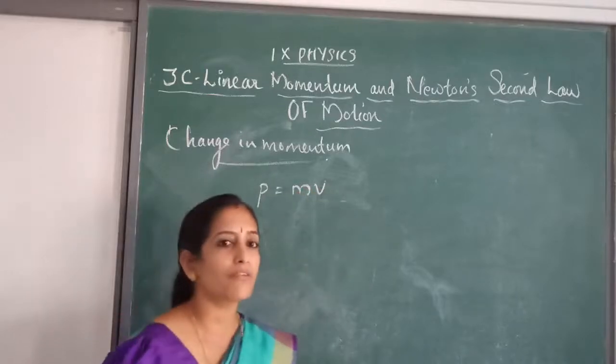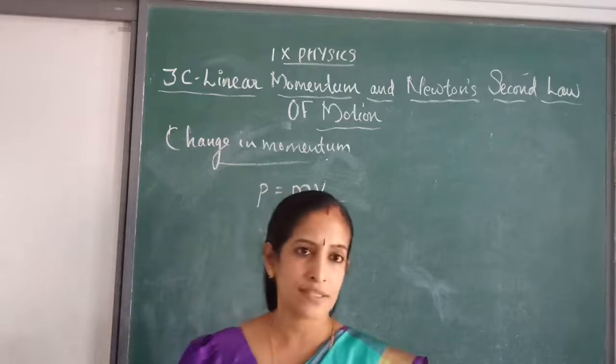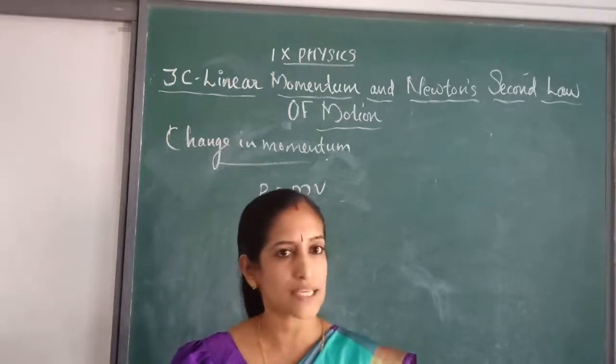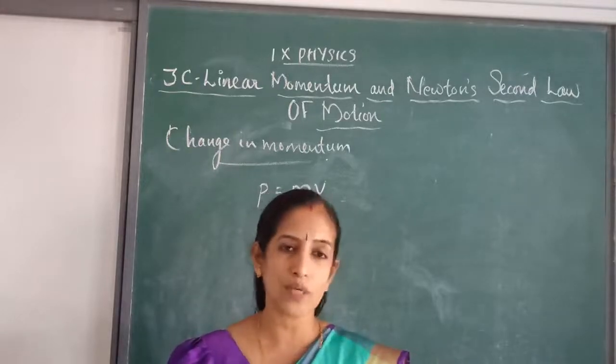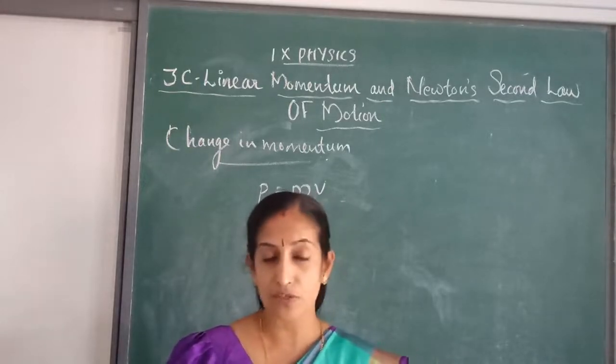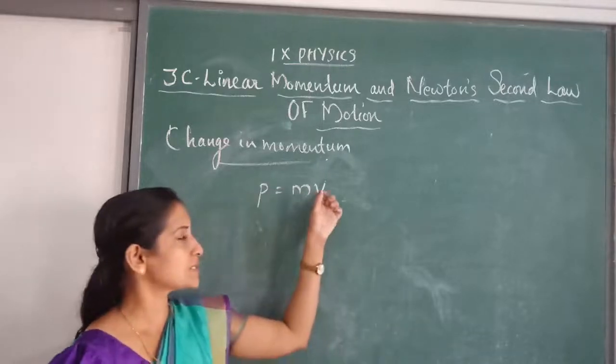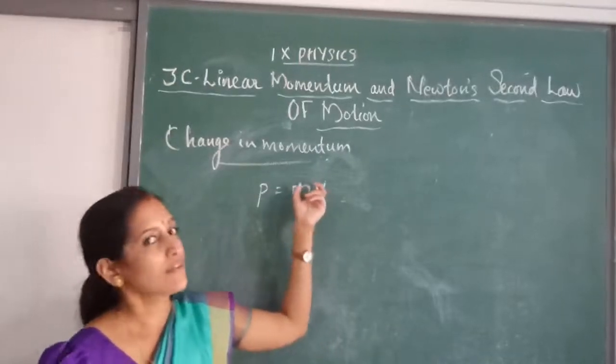And you know, for normal objects, mass remains constant. Mass of the object is not always changing. Only in some special cases is the mass of the object changing. So mass remains constant, and the change takes place in velocity.